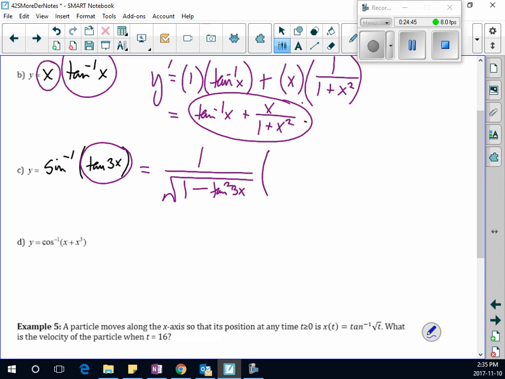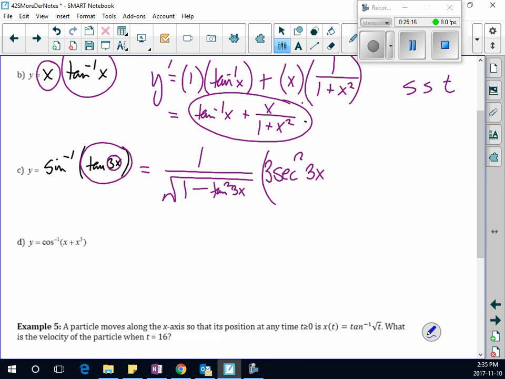And then now we need to times it by the derivative of the inner. The derivative of the inner is another chain rule because it's not tan of x, it's tan of 3x, right? So the derivative of tan of 3x, remember the whole, is secant squared 3x, and then we've got to times the derivative of the 3x, which is a 3.